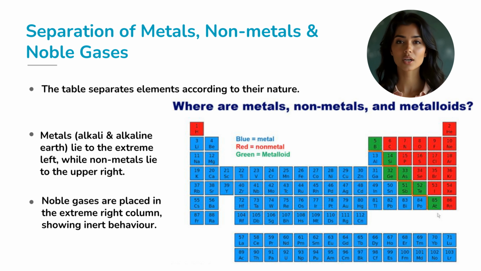The central block houses the transition metals like iron, copper, and zinc, known for their variable valencies. And finally, the extreme right column, that's where the noble gases live: helium, neon, argon, krypton, xenon, and radon. Completely inert, almost like silent spectators in the theater of chemistry. Isn't it wonderful how one table brings order to such diversity?